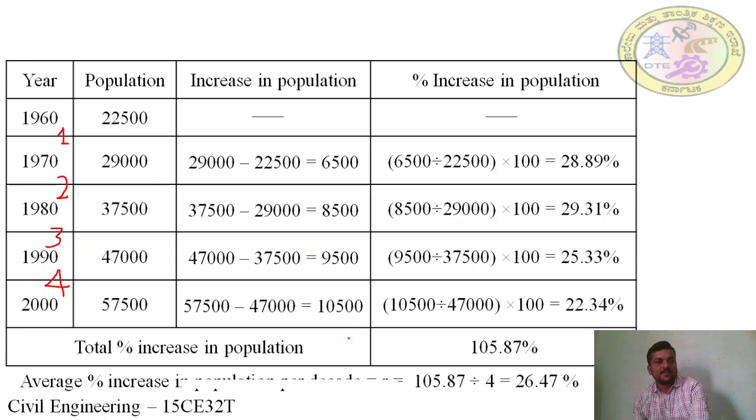So the average percentage increase in population per decade, which we have taken as R, is equal to 105.87 divided by 4. 4 here is 1, 2, 3, 4 decades. 26.47 is the average percentage increase in population.